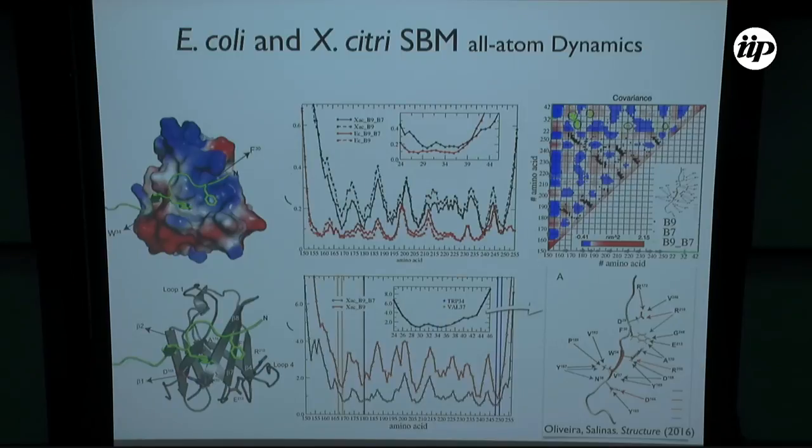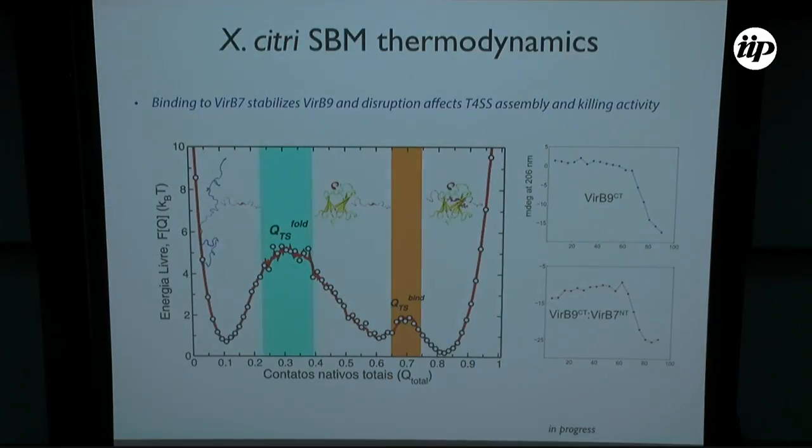So this is published, but we are moving in the direction of looking at the mechanism of binding and folding that people in the audience have shown here.